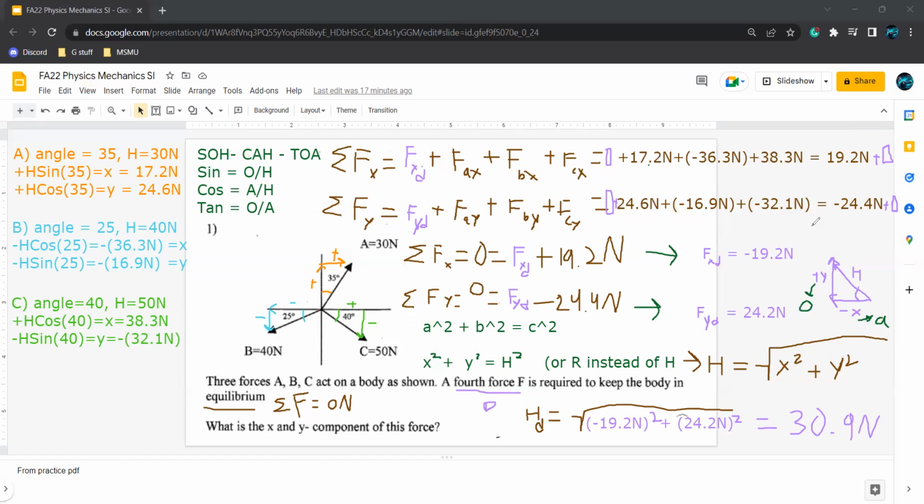So then you're going to use tangent for opposite over adjacent, which is y over negative x. And then from there, you're going to take the arctangent and all that good stuff. I've kind of run out of space, so I'm just going to put in our D vector over here, and then that'll be that.